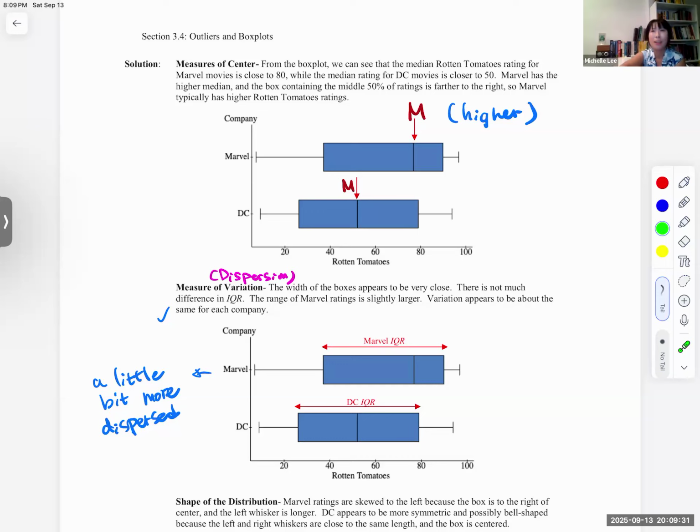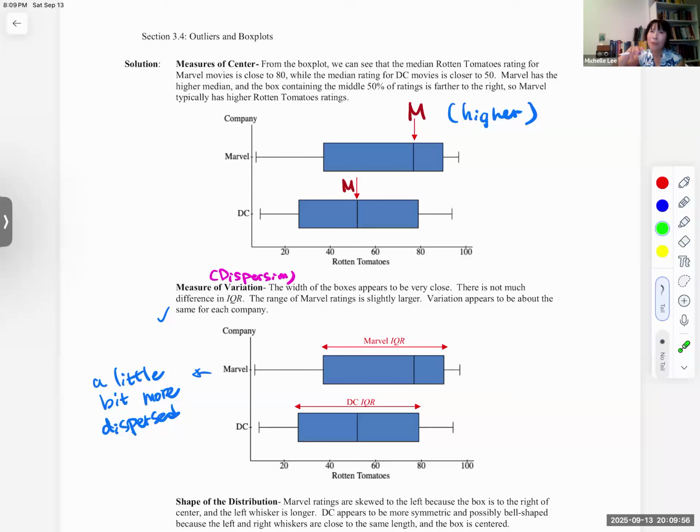Let's take a look one more time. They say that only 25% of DC ratings were about 80 or higher. So 80 or higher is only 25% here, right? The median is 80 in that case. 80. Yeah, here is 50, a little bit more than 50. Okay. Makes sense, right?